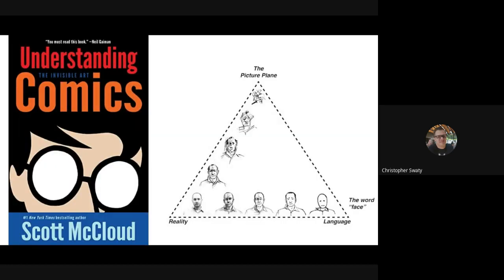So one of the big references that we're going to be using to talk about style is from Scott McCloud, who wrote the book Understanding Comics, The Invisible Art. Huge surprise going to comics.